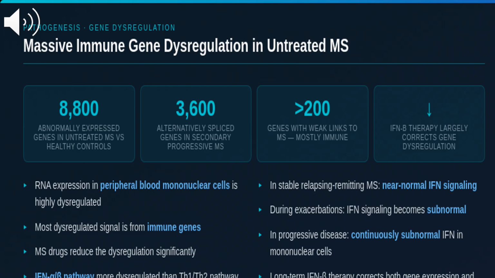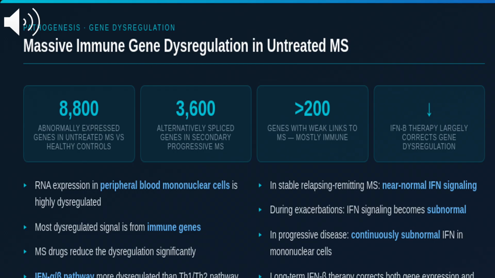This is not a subtle signature. This is a massively dysregulated immune system visible in the peripheral blood, remote from the brain lesions themselves. Of these dysregulated genes, the majority are immune-related, and the most dysregulated pathway, more than the Th1 pathway, more than the Th2 pathway, is the IFN alpha/beta pathway.